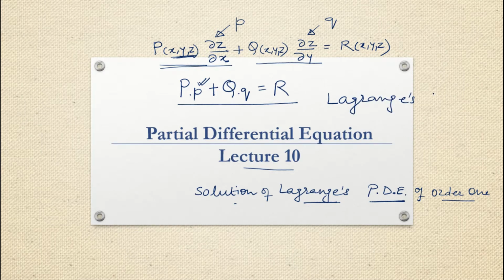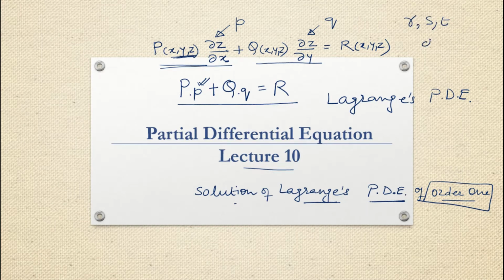So this is my Lagrange's partial differential equation, and if we elaborate a little more on this equation, for sure it is of order 1. Why is it of order 1? Because here I see only first order derivatives, that is p and q. Here we won't be dealing with r, s, t. What are r, s, t?